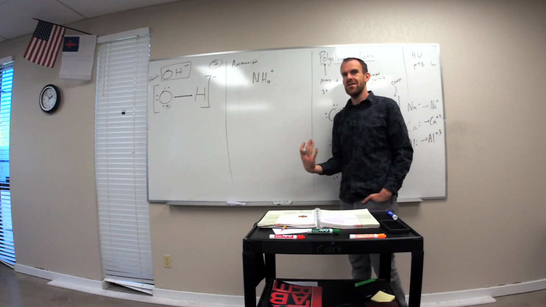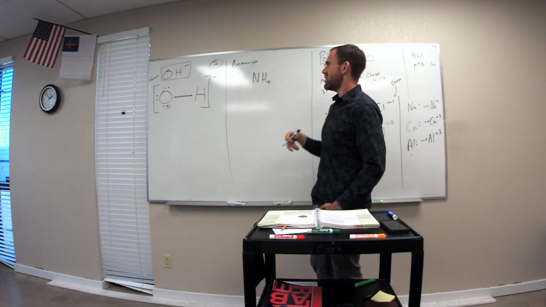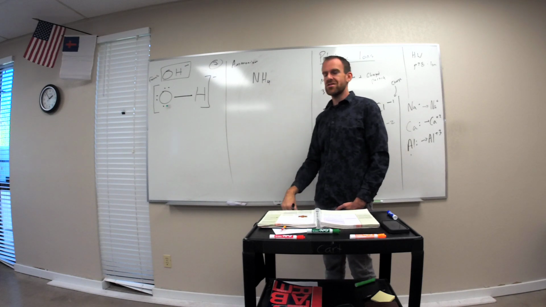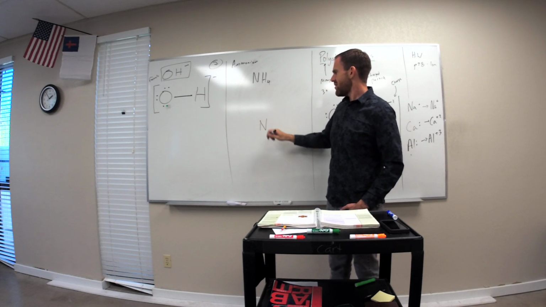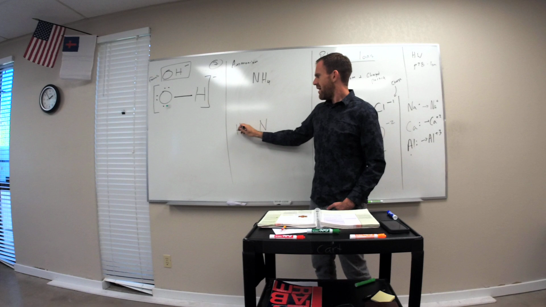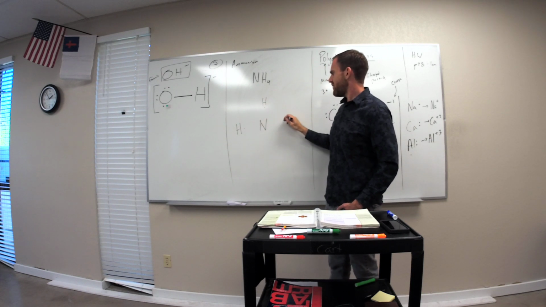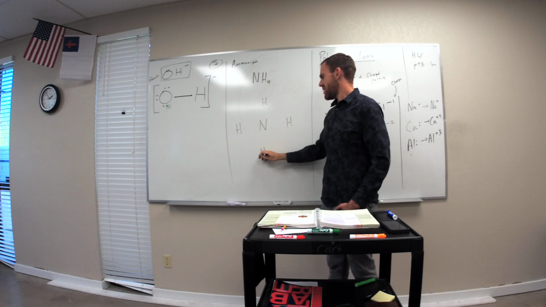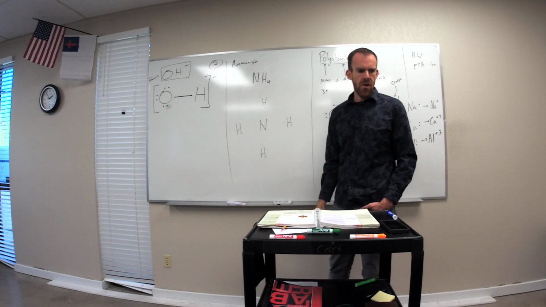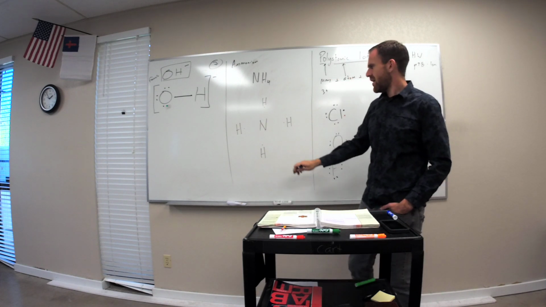Let's see why. So I'm going to forget about the positive charge, and I'm going to go through my Lewis dot structure. I have nitrogen. I have hydrogens around it. How many valence electrons does nitrogen have? 5. Nitrogen has 5.